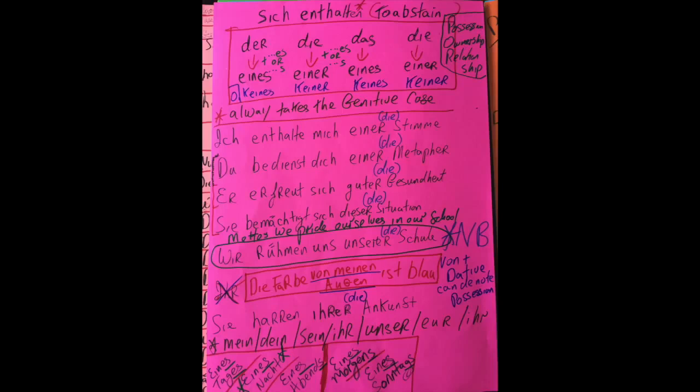So the first verb we have here is sich enthalten, to abstain from something. Okay, so if you abstain from something, the verb is not only reflexive, that is to say the action that you're abstaining from is an action that could possibly be done to yourself, but it's also possessive because you're taking ownership of that situation, you're taking charge of the situation.